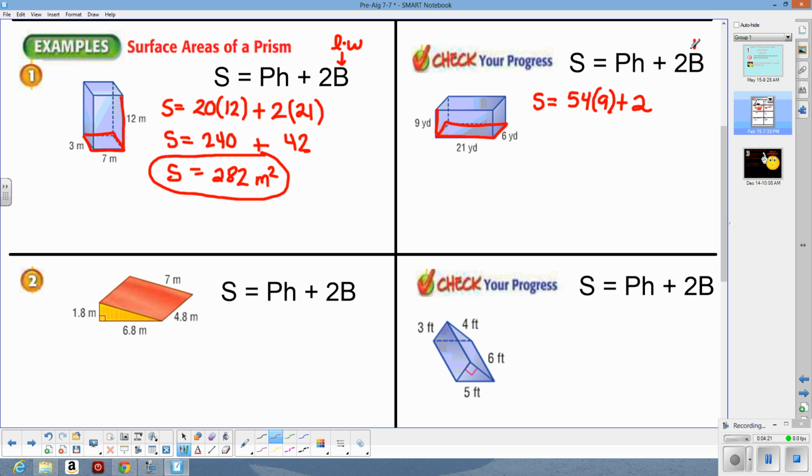And again, the base is a rectangle, so it's going to be length and width of the rectangular base. So 2 times the length times the width. Well, it's 21 times 6. 21 times 6 is 126.